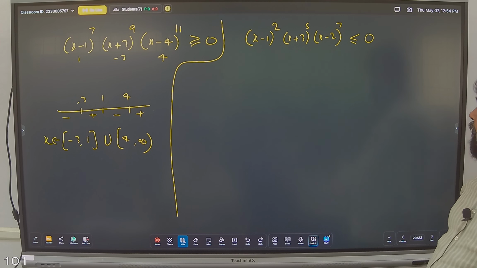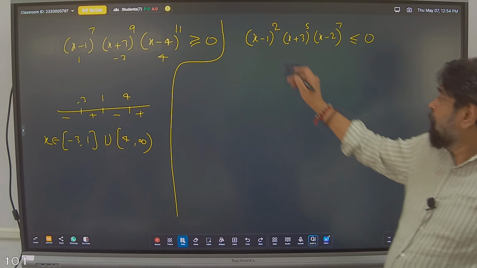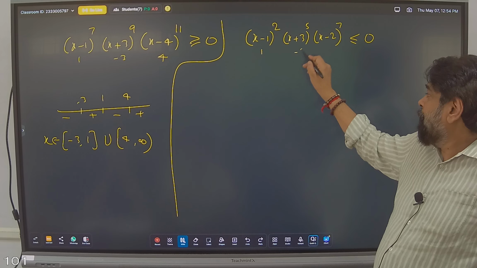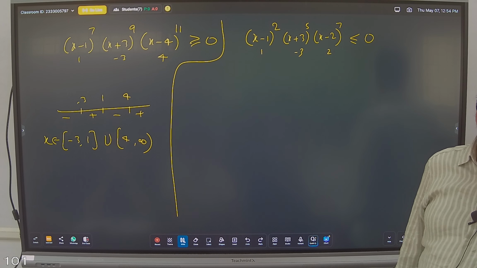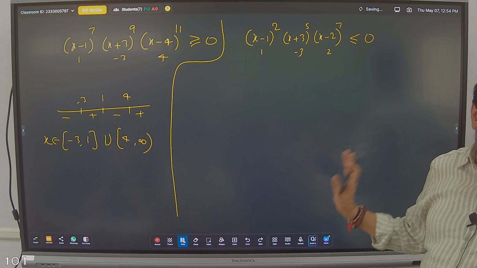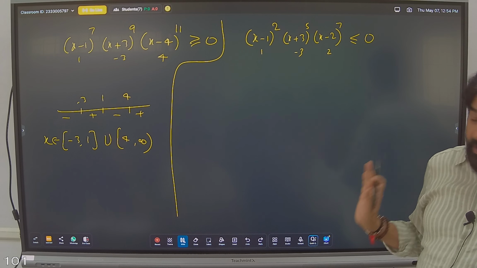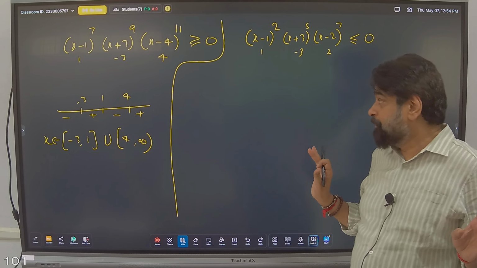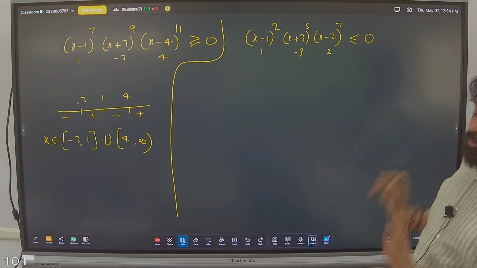I am not breaking it. The coefficient of x must be positive, already positive. Write the critical points: 1, minus 3, 2. Very concentrated. This is one of the difficult parts of polynomial inequality. If this part is understood, it's over. So pin-drop concentration should be there.